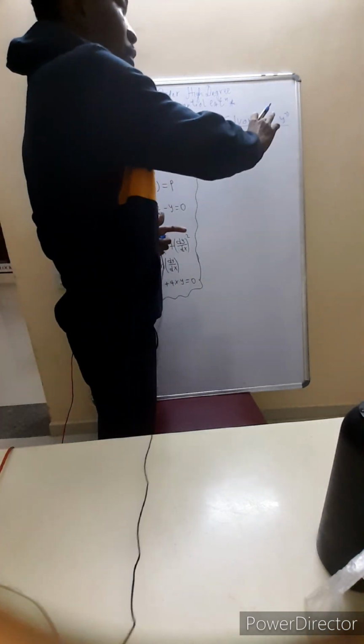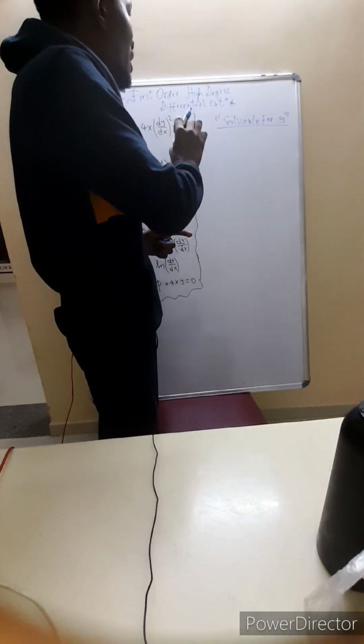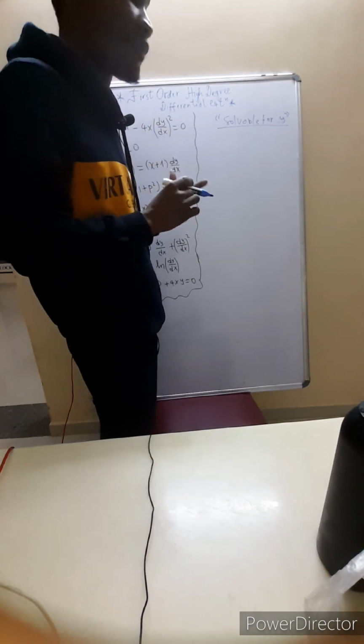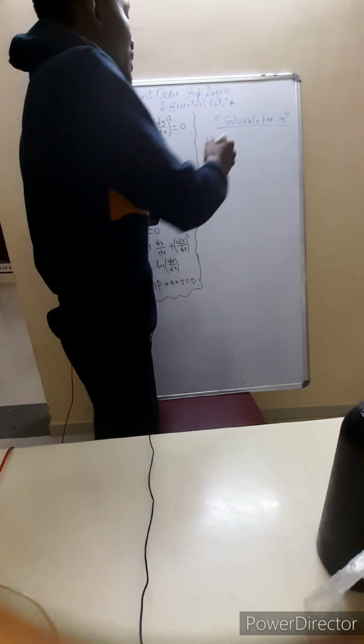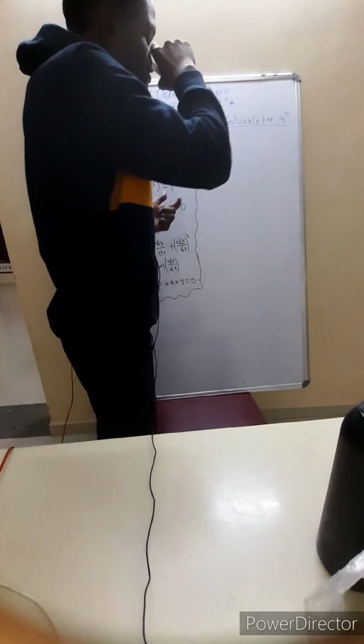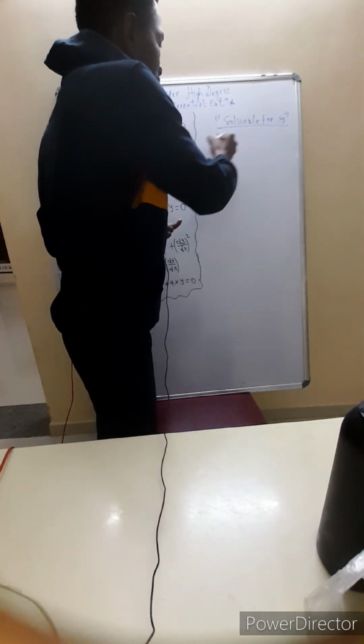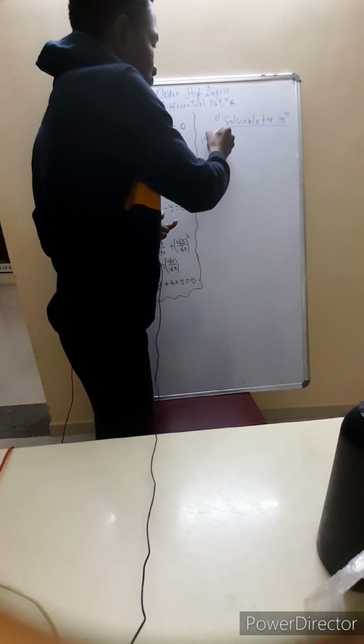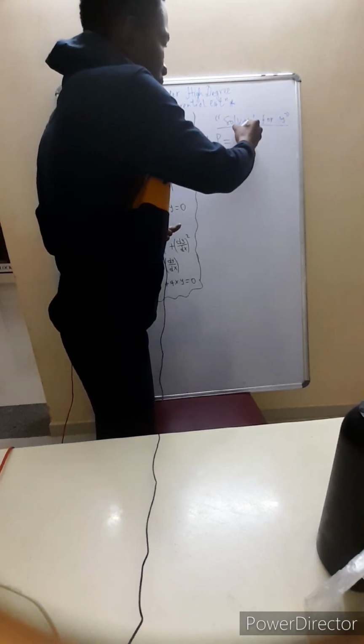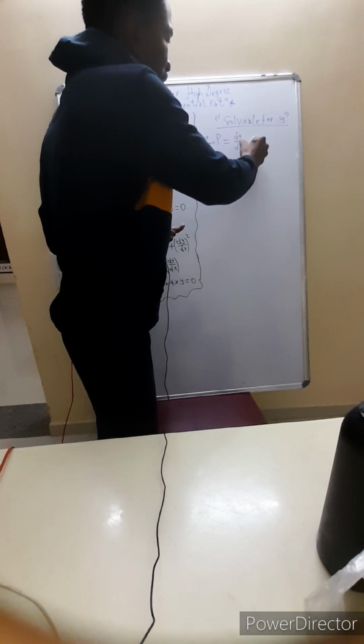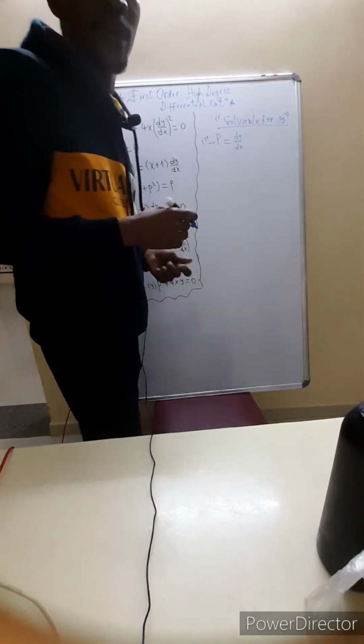First, to solve for y, any first order high degree equation, first step is you have to find what your p is. P is dy by dx. This is the change that we have to do.